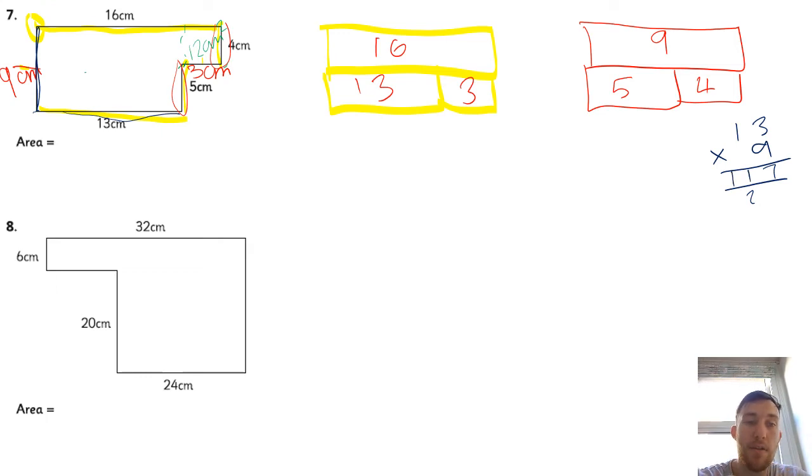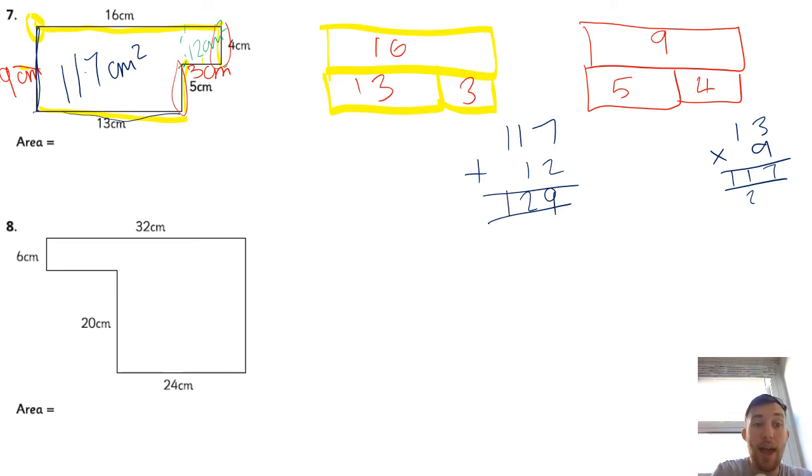So the area of this rectangle is 117 centimeters squared. So I've got the area of 2 rectangles, but now I need the area of the total. So I need 117 add 12. 7 add 2 is 9, 1 add 1 is 2, 1 add 0 is 1. So the total area of this rectilinear shape is 129 centimeters squared.